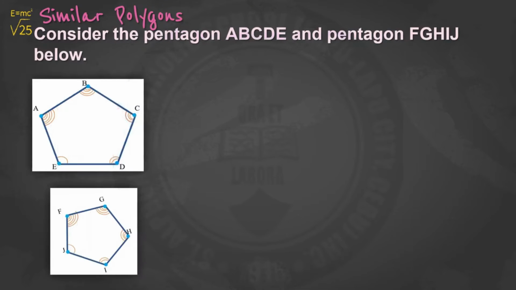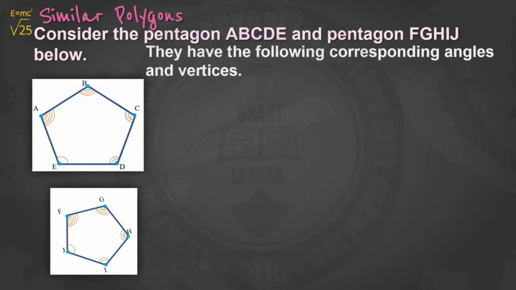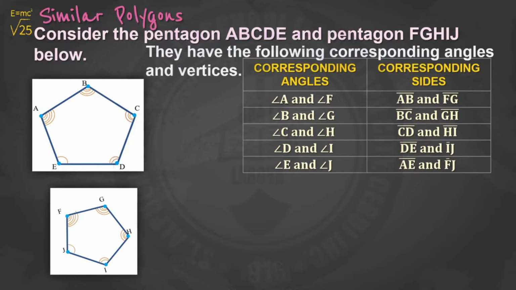Using the figures ABCDE and FGHIJ, we will have the following corresponding angles and their vertices. We have angle A and angle F, angle B and angle G, angle C and angle H, angle D and angle I, angle E and angle J.